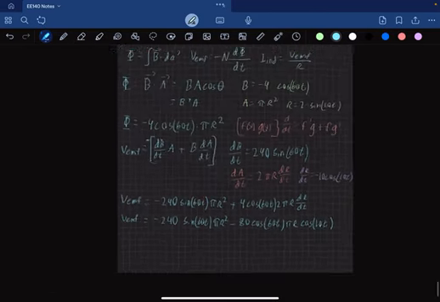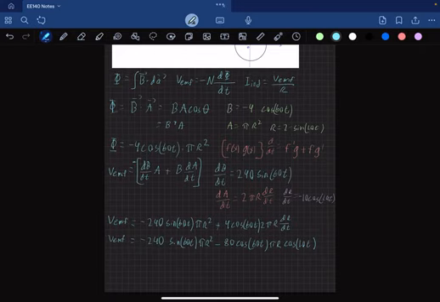Now at this point, either we can find the magnitude of our induced magnetic field, or what I like to do first is find the direction of the induced current and the magnitude of the induced current.